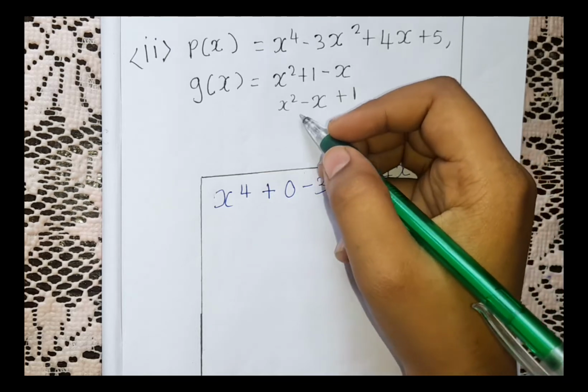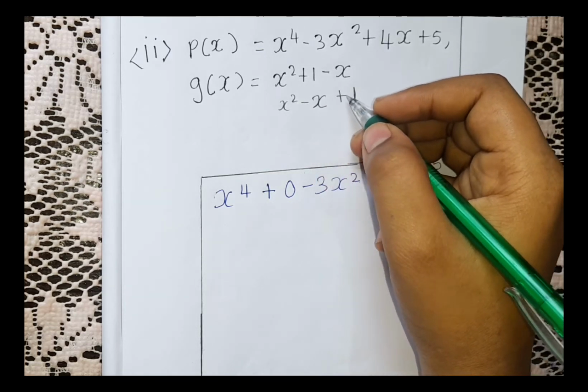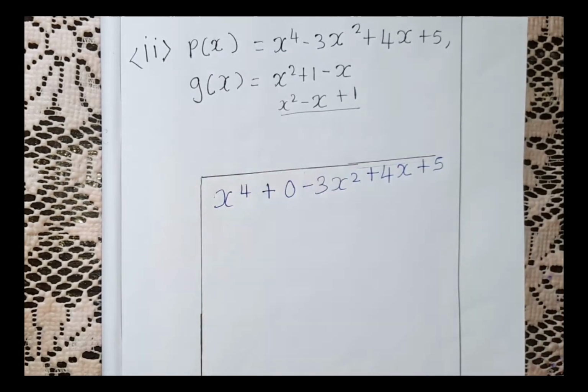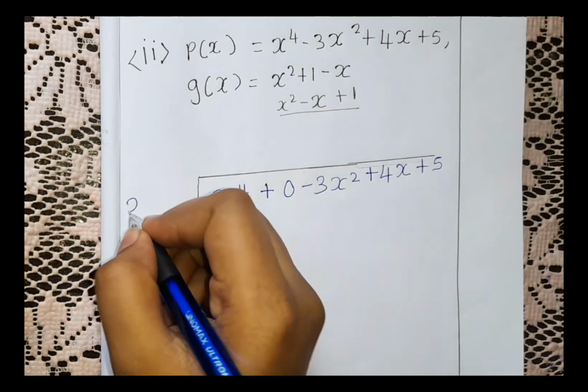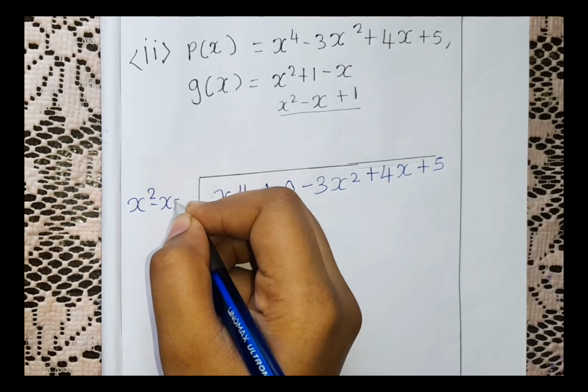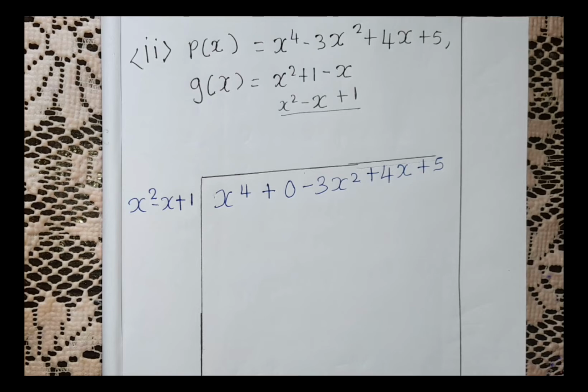First the square term, then the x term, and after that the constant term. So we write it here: x square minus x plus 1.